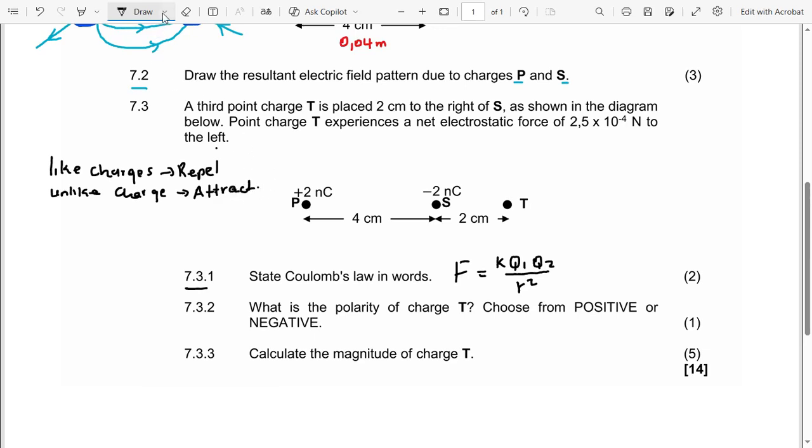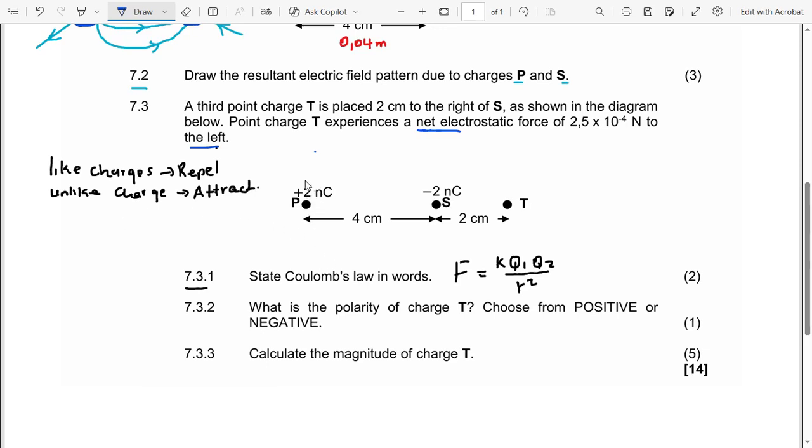Okay. So now, if you understand that, look at this. They say that the net electrostatic force is to the left. The net electrostatic force is to the left on T. Okay, so please let's make sure that we keep that in mind. And then let's say P is positive.